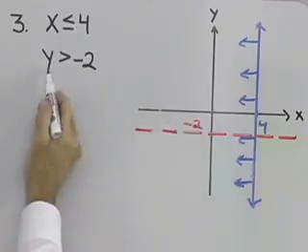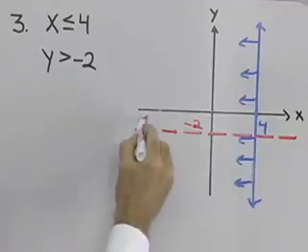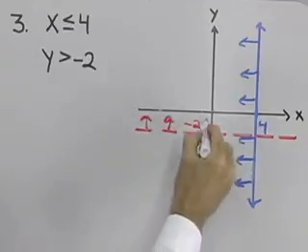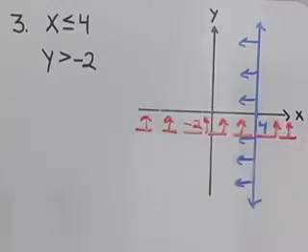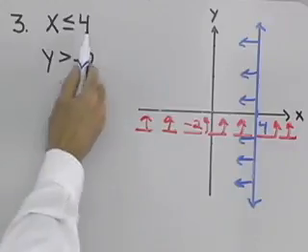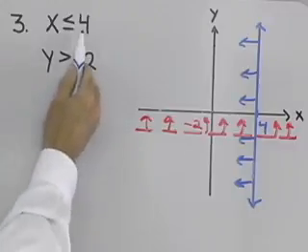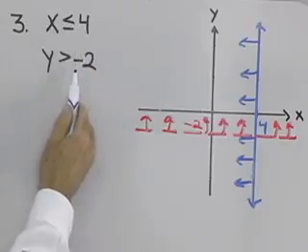And I want all the ordered pairs x, y where the y-coordinate is greater than negative 2. That'll be everything up above this broken line. Okay, so I just ask myself now, where are all the ordered pairs x, y that are both less than or equal to 4, where x is less than or equal to 4, and at the same time y is greater than or equal to negative 2.